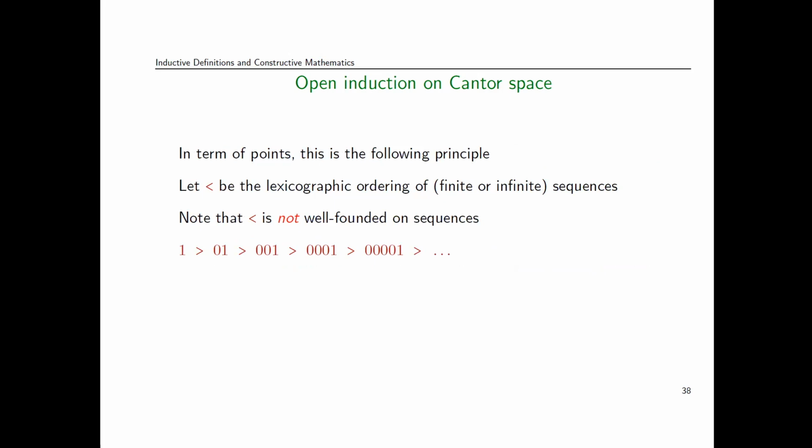If we look at the lexicographic ordering of finite or infinite binary sequences, this is not a well-founded ordering. For instance, 1 is strictly bigger than 0, 1 for the lexicographic ordering, which is strictly bigger than 0, 0, 1, and so on. So you have an infinite decreasing sequence, so this is not well-founded. Another way to express this is that the principle of well-founded induction doesn't hold for infinite sequences on Cantor space.